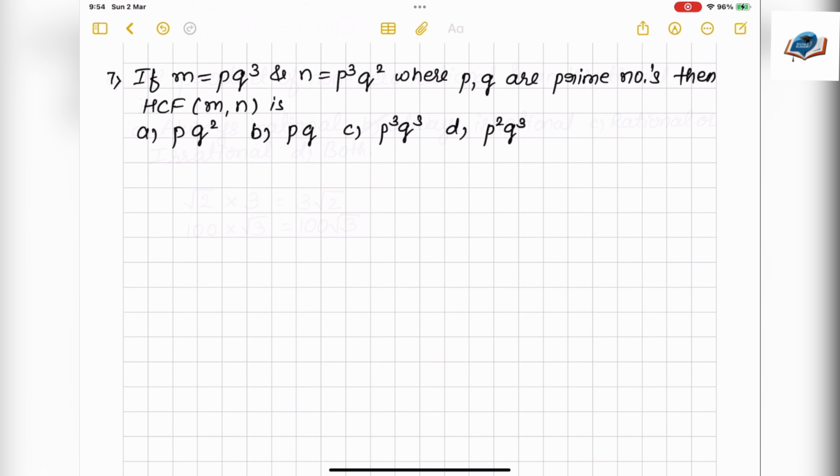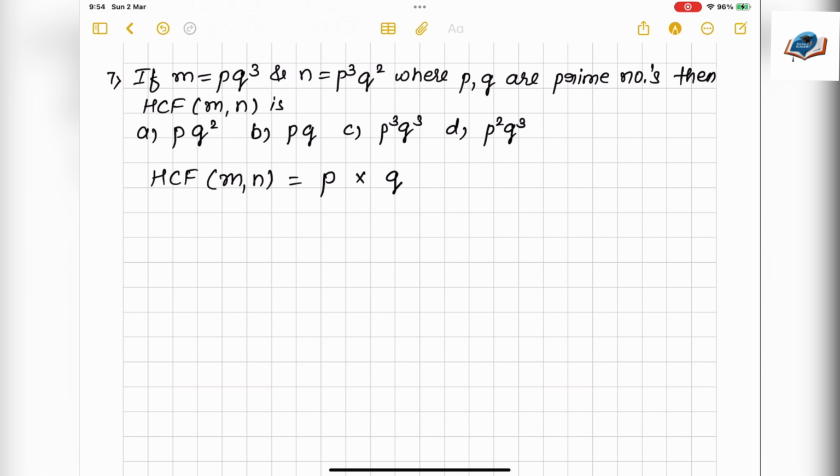So my answer is always irrational. Now, the seventh question says if m equals p q cube and n equals p cube q square, where p, q are prime numbers, then HCF of m comma n is. So, see, remember HCF, what was the formula? Write all the common factors first, p into q.